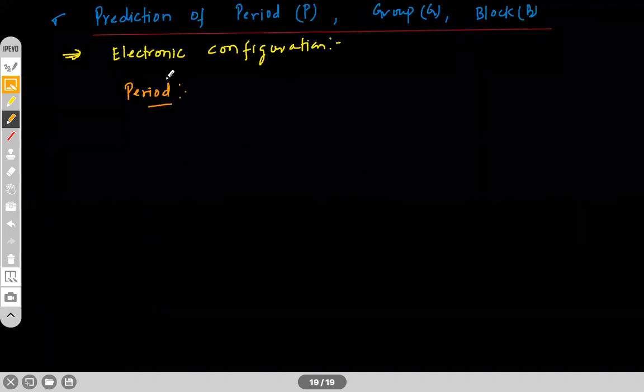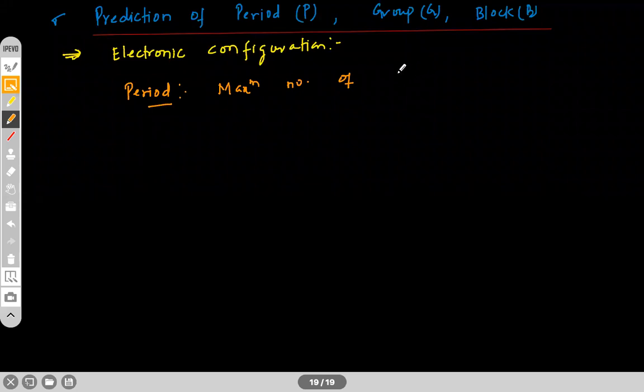Period is the maximum value of n, the principal quantum number. If the electronic configuration is given as 1s2, 2s2, 2p6, 3s2, 3p6, you just see the maximum value of n, that would be the period of that element.